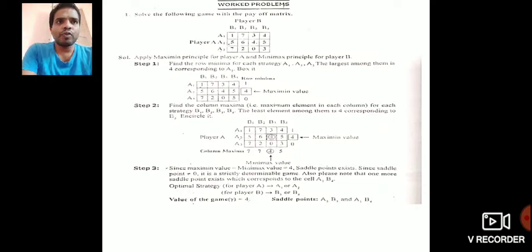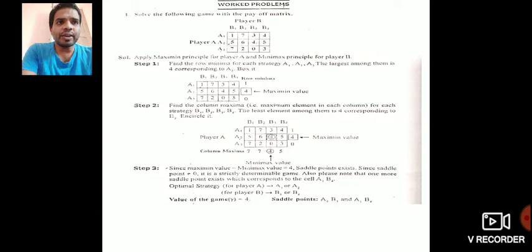So 1, 4, 0 are the minimum elements in every row. Among those minimum elements, you need to choose the maximum element.